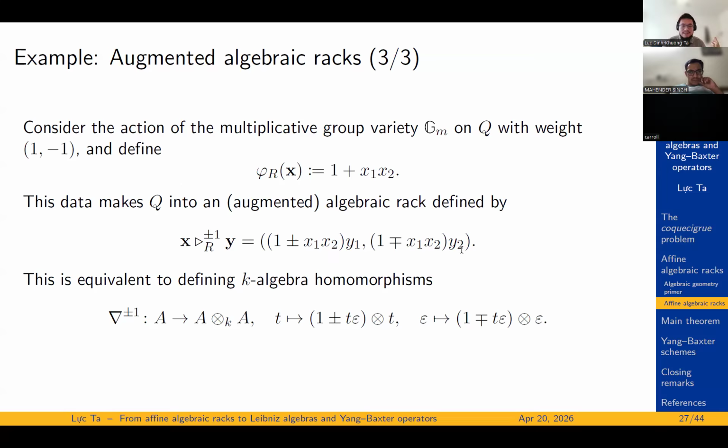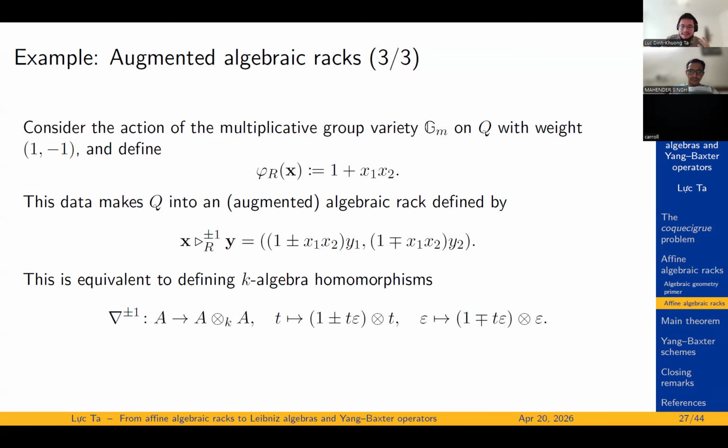And so this turns the thickened line into an algebraic rack with this operation right here. And then by the slides from before, this is equivalent to saying that you have k-algebra homomorphisms, nabla, nabla inverse, and then E sharp, which is right here, that are given by these formulas.